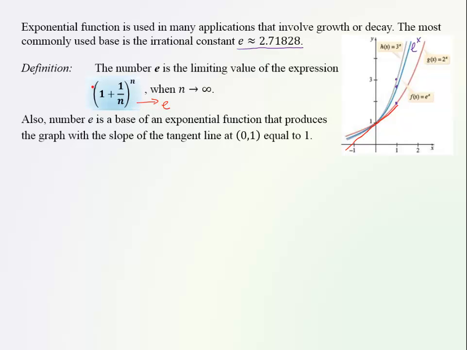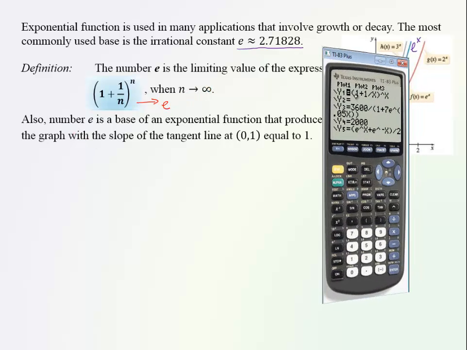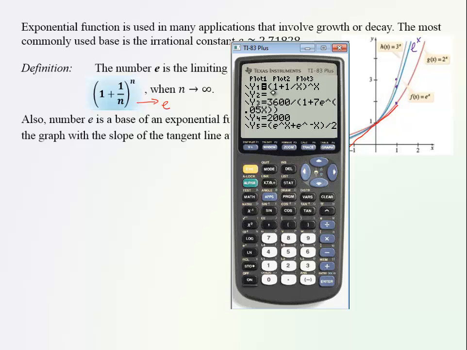You may want to plug it in using x instead of n under y1, and then using the table of values, observe what's going on with values of the expression when n is growing higher and higher towards infinity. I enter into the calculator the expression 1 plus 1 over x to the x, where x will represent our n.